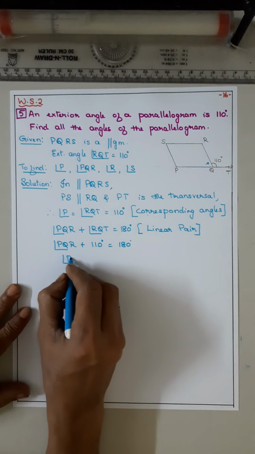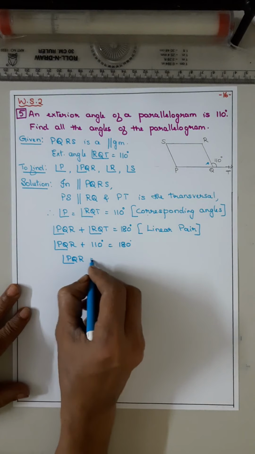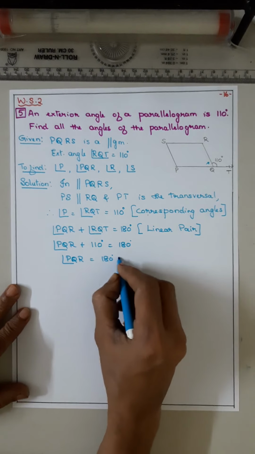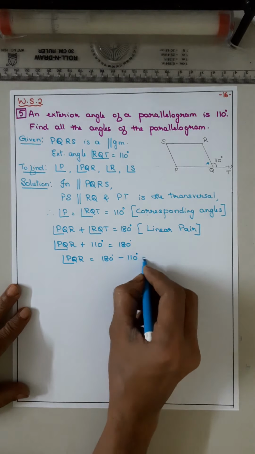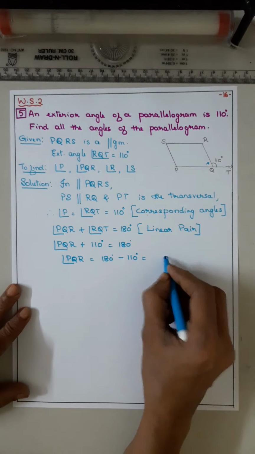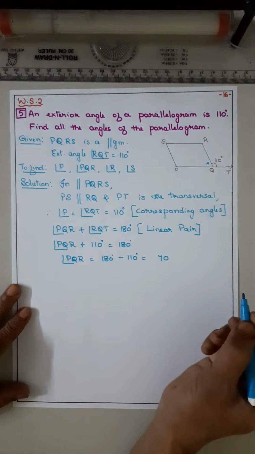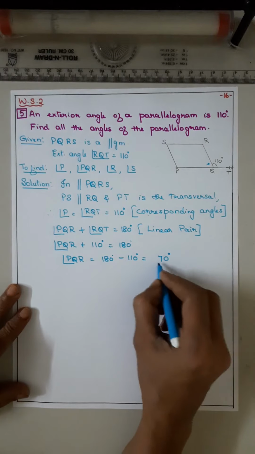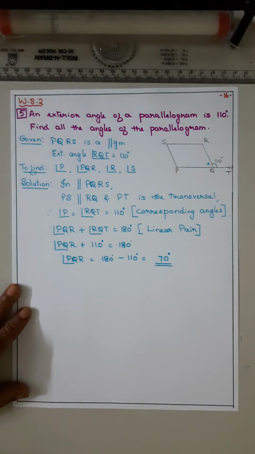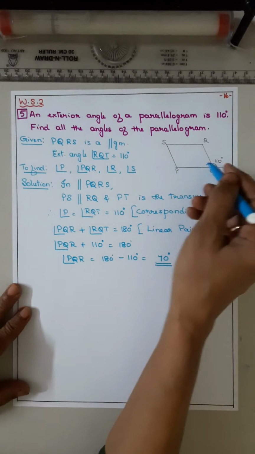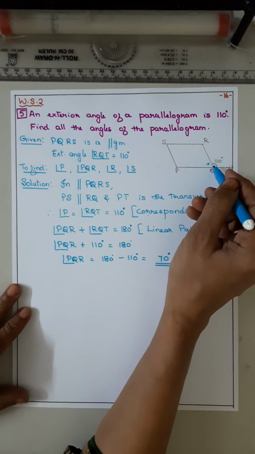So angle PQR is equal to 180 minus 110, that is 70.